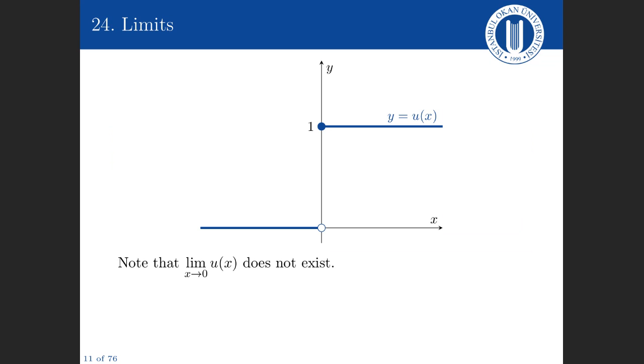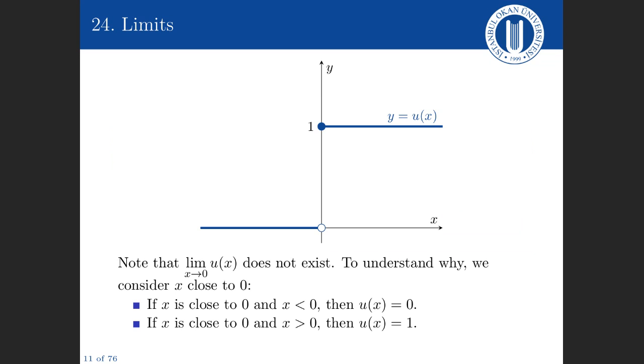I want to point out that the limit as x tends to 0 of u of x does not exist. To understand this, let's suppose that x is close to 0 and x is negative. In other words, let's suppose x is here, close to 0 but less than 0. Then the function here is equal to 0.